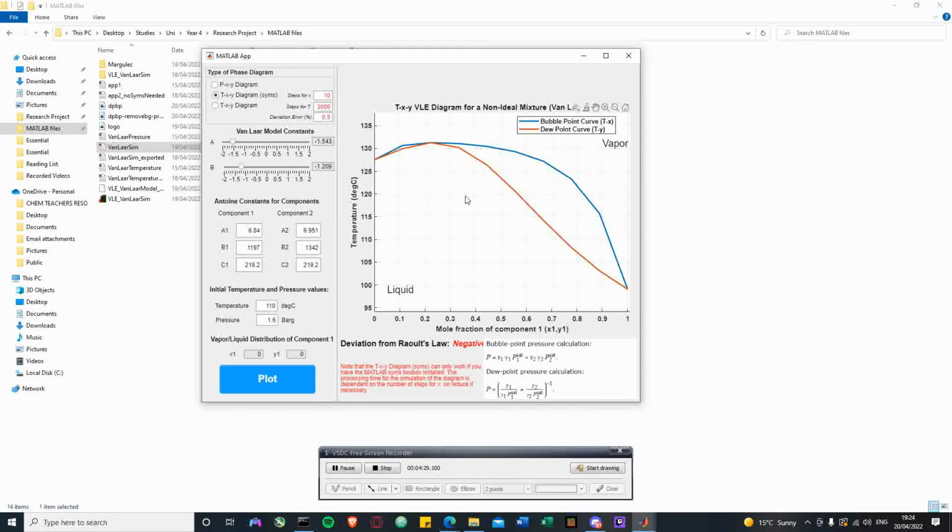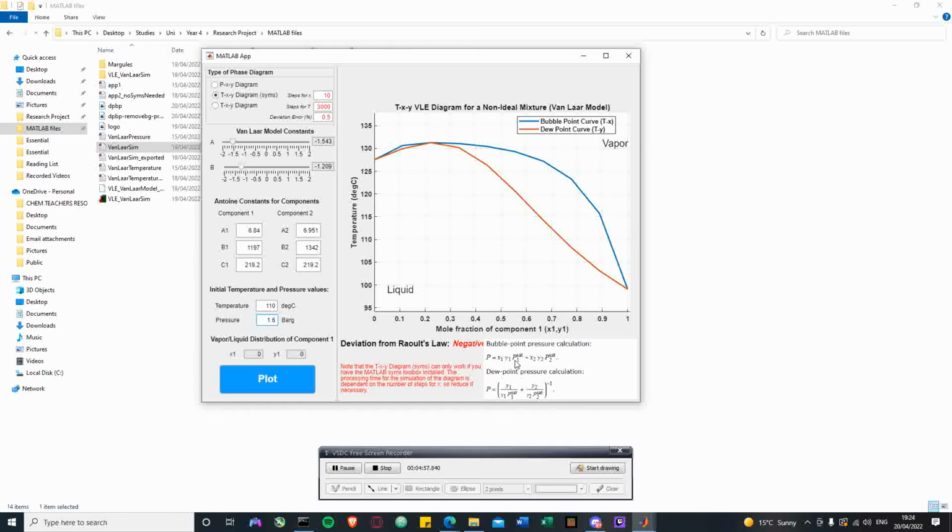The main reason is that we're telling the system we have a 1.6 bar pressure for the system, and we need it to find the temperature for P1 sat and P2 sat that matches a total pressure of 1.6 bar. So it's basically back calculating the values.